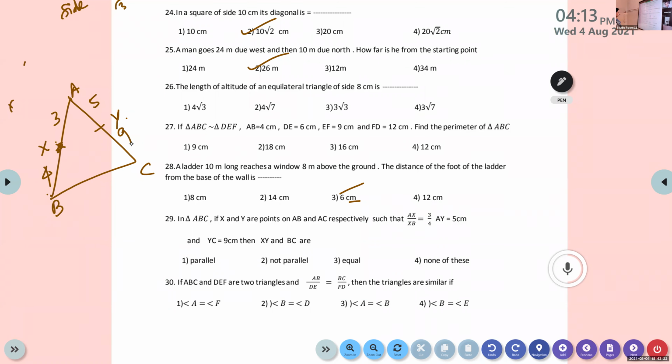Then XY and BC, what can you say? Are they proportional? No, ma'am, it is not proportional. Therefore, it is not parallel.